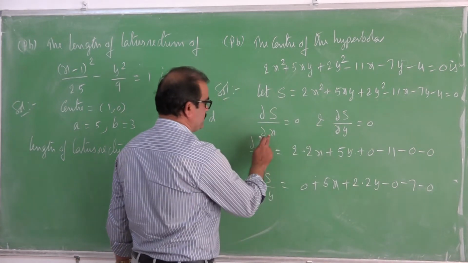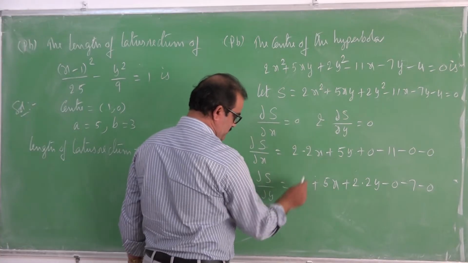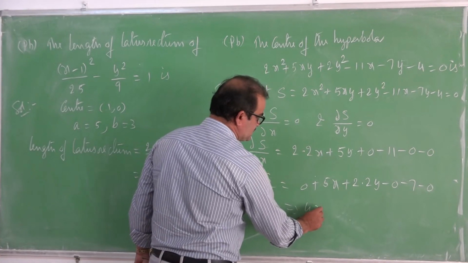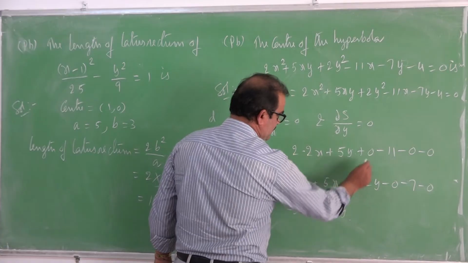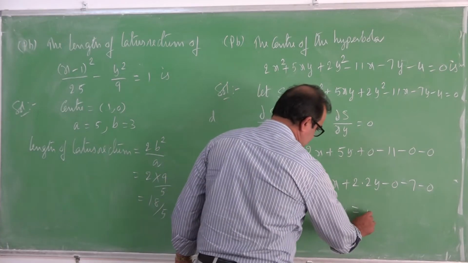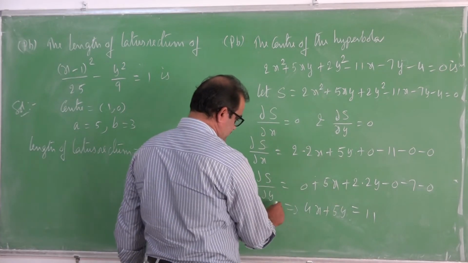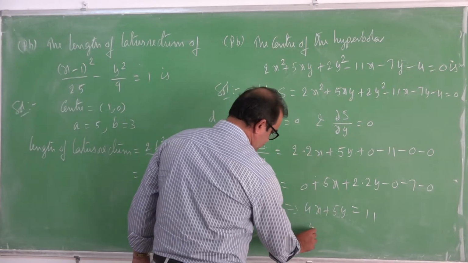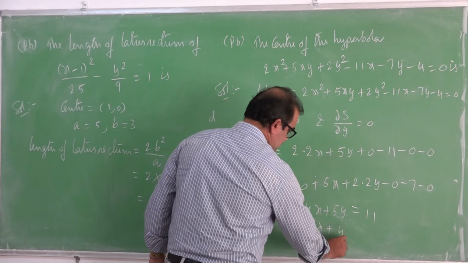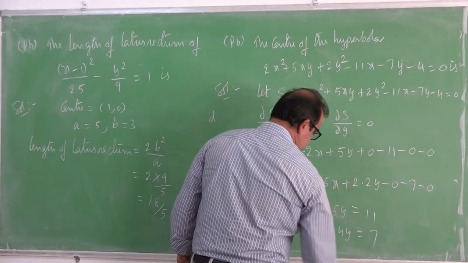Now equate dou s by dou x to 0. 4x plus 5y minus 11 is equal to 0, or 4x plus 5y is equal to 11. Dou s by dou y is equal to 0, that is 5x plus 4y is equal to 7.